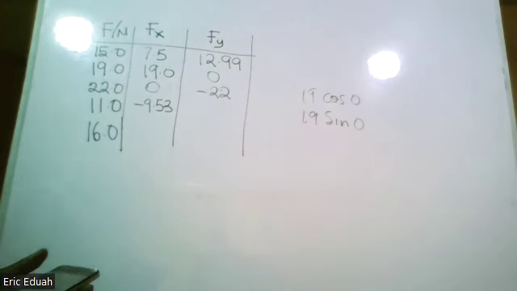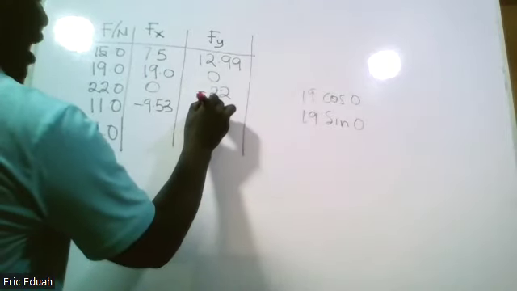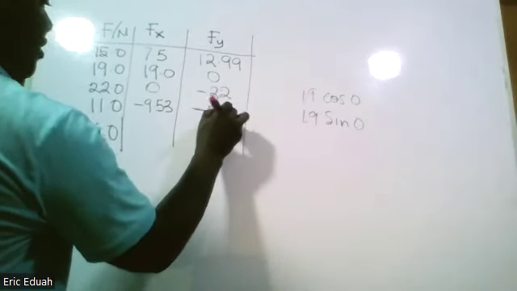Then the vertical is also 11 sine 30, but minus. Sine 30 is half. So minus 5.5.